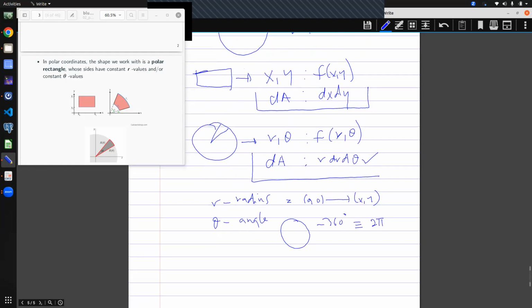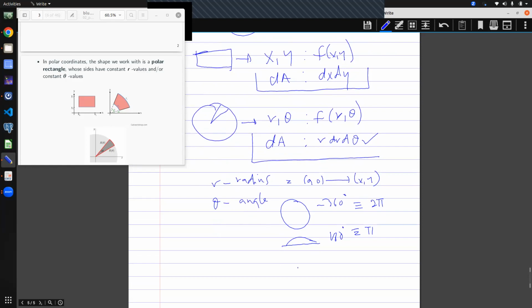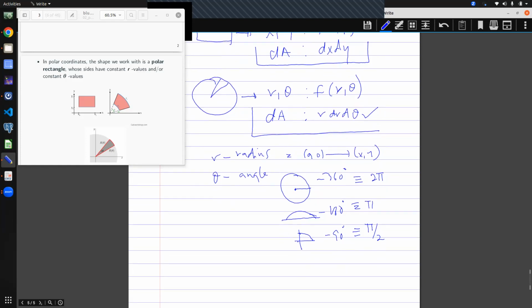A half circle in degrees is 180 degrees, and its equivalent is pi. A quadrant in degrees is 90 degrees, and its equivalent is pi on 2. The radius here goes from 0 to a point A for all three structures.